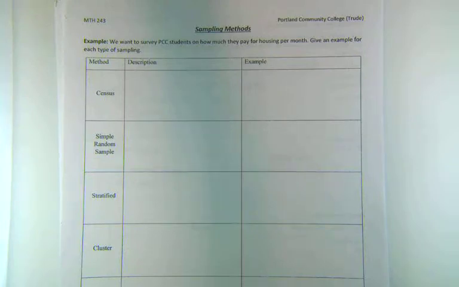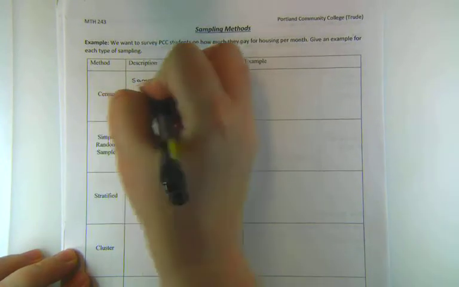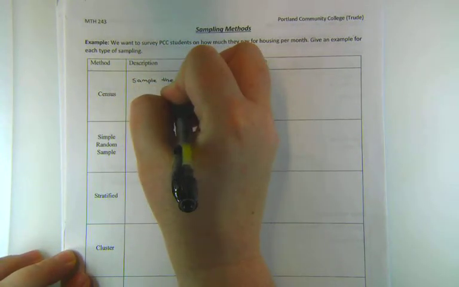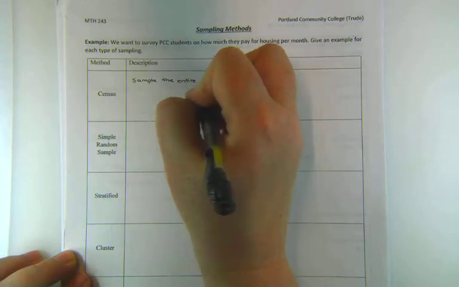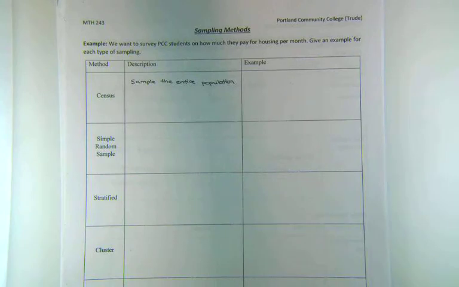The first method to talk about is a census. A census is where we survey absolutely everyone, and we get all of the results back. So with the census, we sample the entire population, and with that, we end up with population data, which is very accurate, as we talked about before.